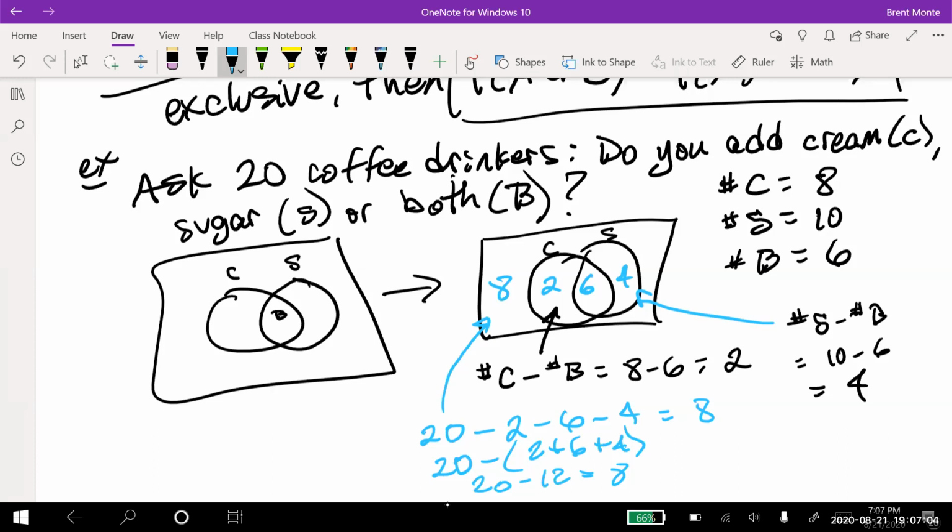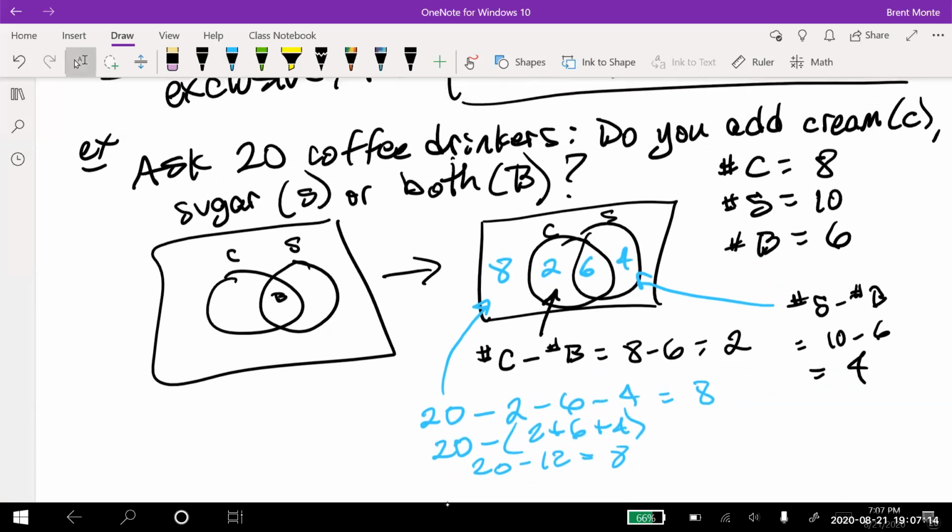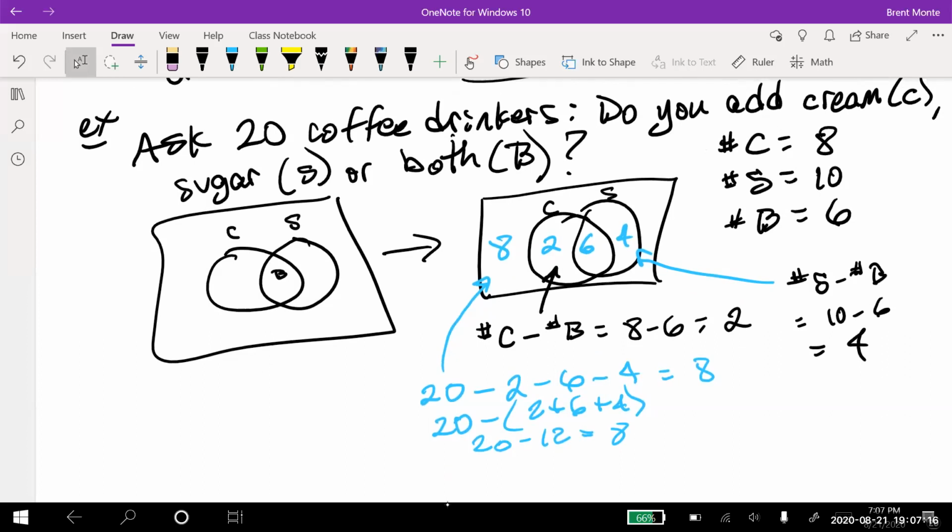Okay, so let's take a problem out of the book. Notice what we used here. Before we take that problem out of the book, let's do one more. What's the probability they add cream or sugar?